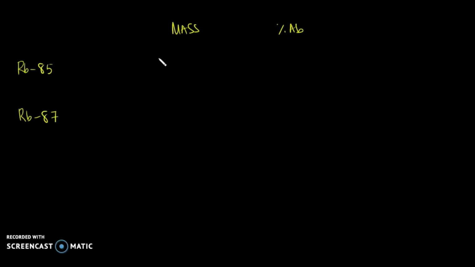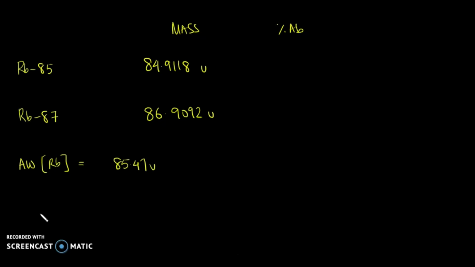The mass of rubidium-85 is 84.9118 U, and the mass of rubidium-87 is 86.9092 U. We are also given the average atomic weight of rubidium, which is 85.47 U. The equation that we're going to use is atomic weight equals the atomic mass of the first isotope, that's rubidium-85, times its ratio abundance plus the atomic mass of the second isotope times its ratio abundance, right? I think you can see pretty clearly where we're going to get stuck.